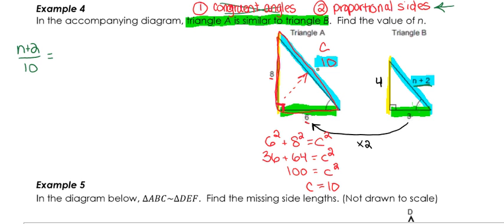It doesn't make a difference because those ratios are going to be exactly the same. The important thing is, since I used small over the large for my first ratio, I must use small over the large for the second. So I'm going to use 3 over the 6. And again, I'm going to cross multiply. So 6, and I'm going to be careful to put that quantity n plus 2 in parentheses, equals 10 times 3.